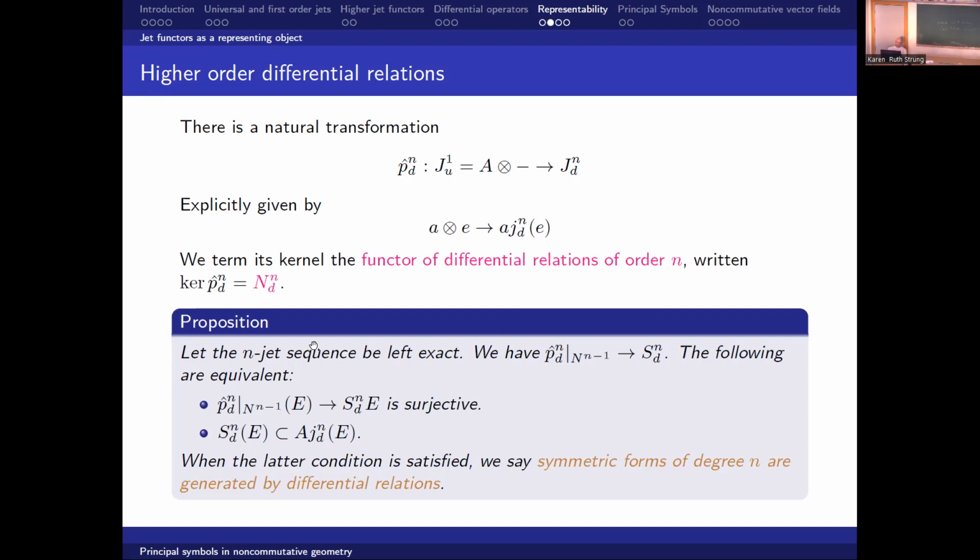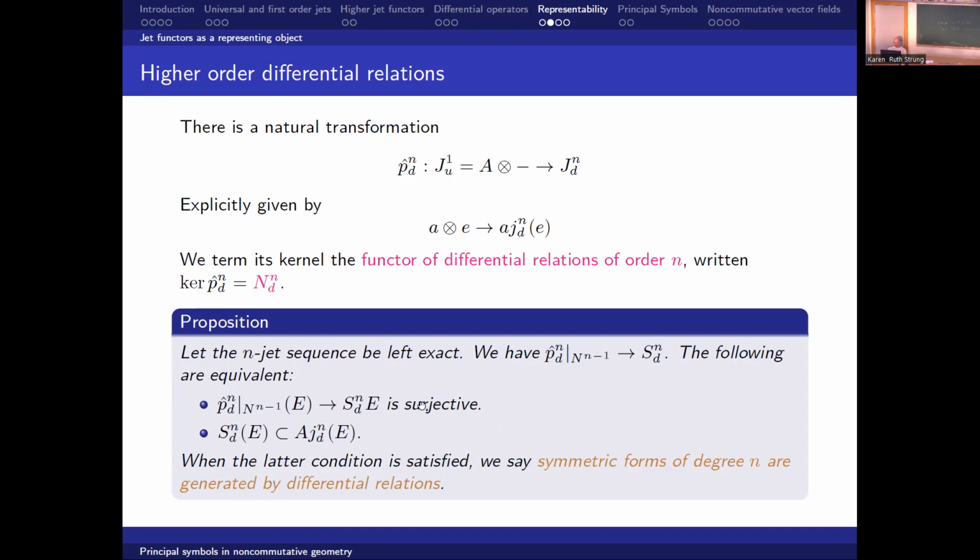Now, if the n-jet sequence is at least left exact, you don't even need to assume that it's short exact. But if it's at least left exact, then this natural transformation here, if you restrict it to the n minus first order differential relations, then this map will be valued in the symmetric forms of degree n. And then we have that the following are equivalent.